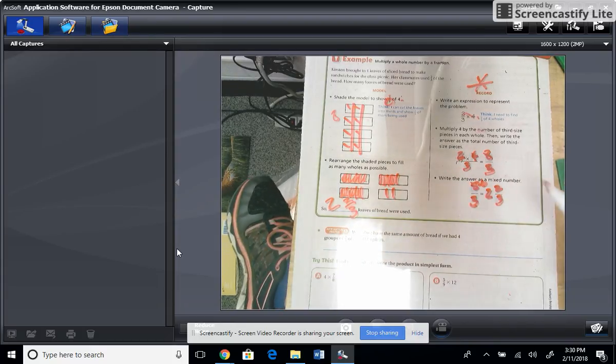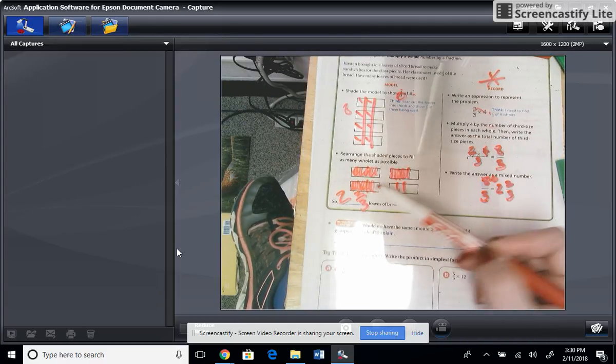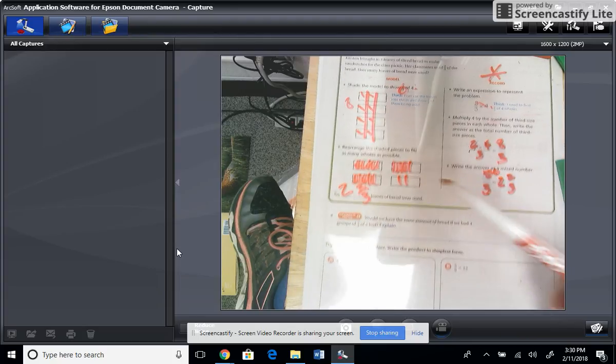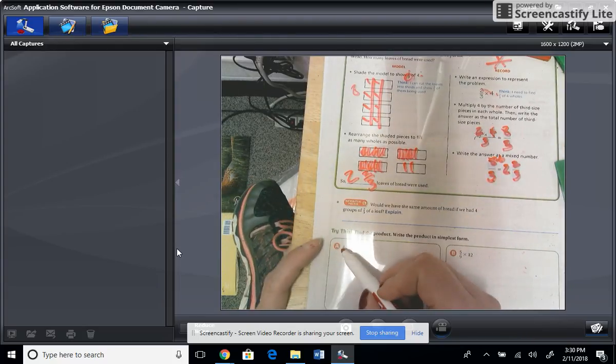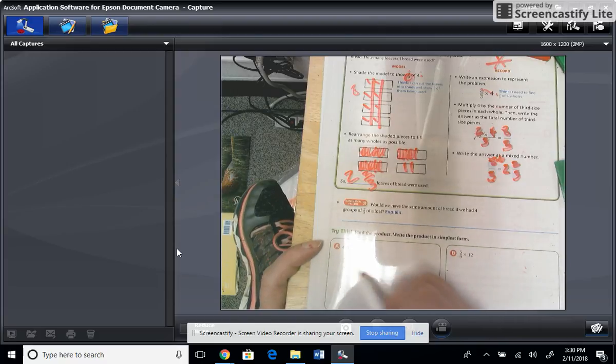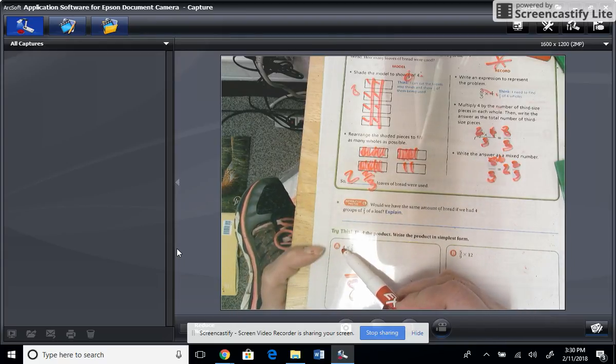But now that you kind of get the gist of what they're really doing, we know our denominator isn't going to change. So we have an 8 here. But we know we need 4 equal parts of how many parts we're cutting it into. So I know I need 4 times 7 equals 28 eighths.